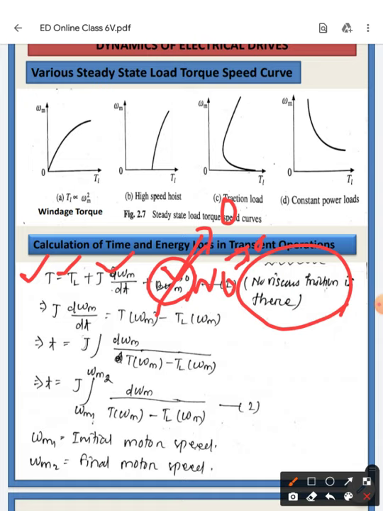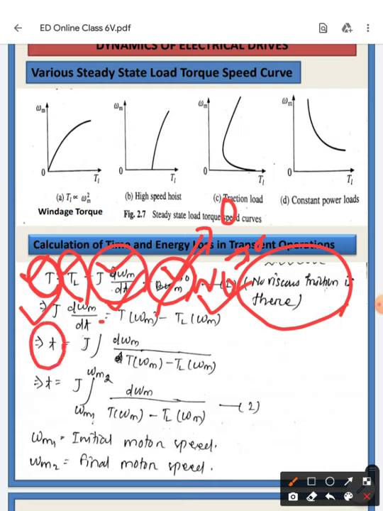Now we should solve these equations, as the second term is a function of your angular speed. We can also write this load torque or the total torque as a function of your speed. So J d omega m by dt is equal to T(omega m) minus TL(omega m).